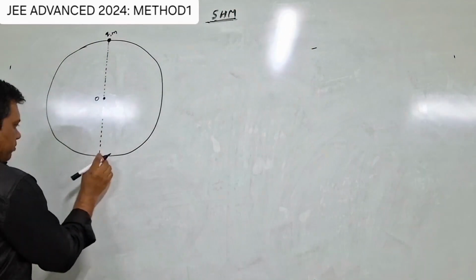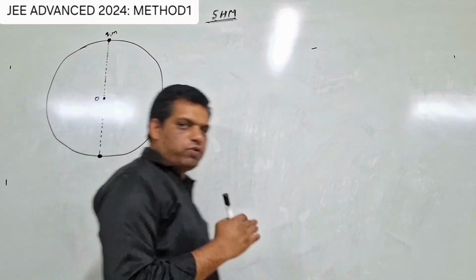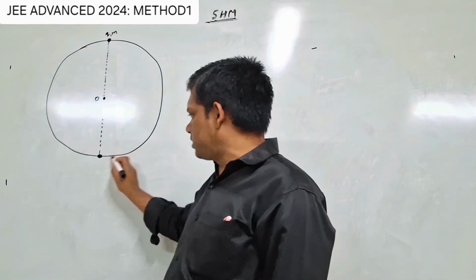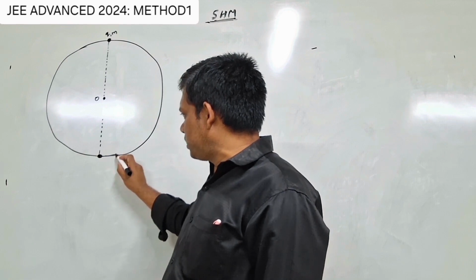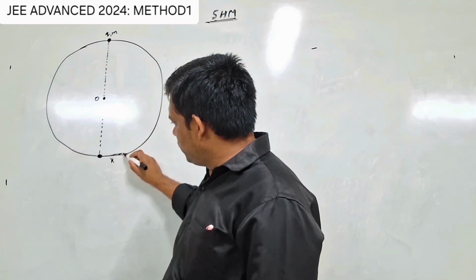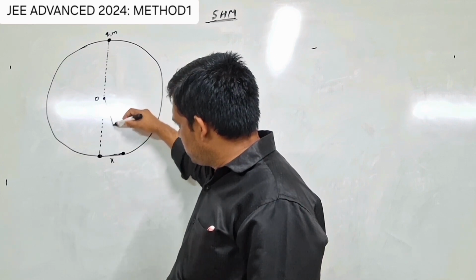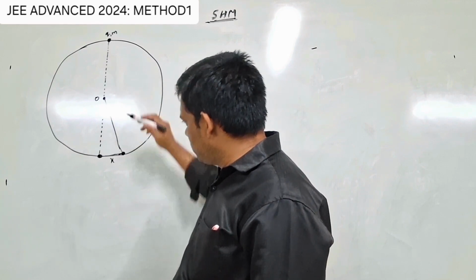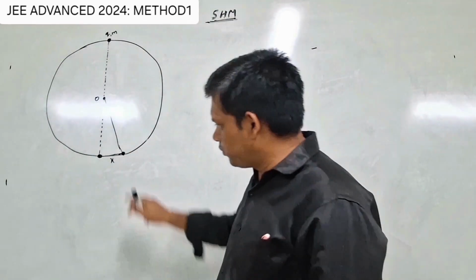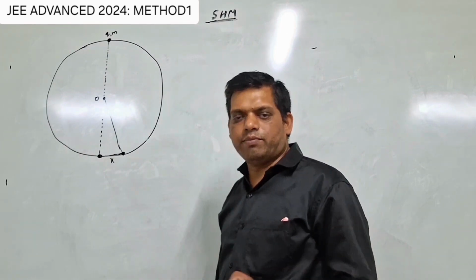Now if this bead is displaced from its position by a small distance x, the bead will be here. And if the bead is left from this position, then it will oscillate in SHM.